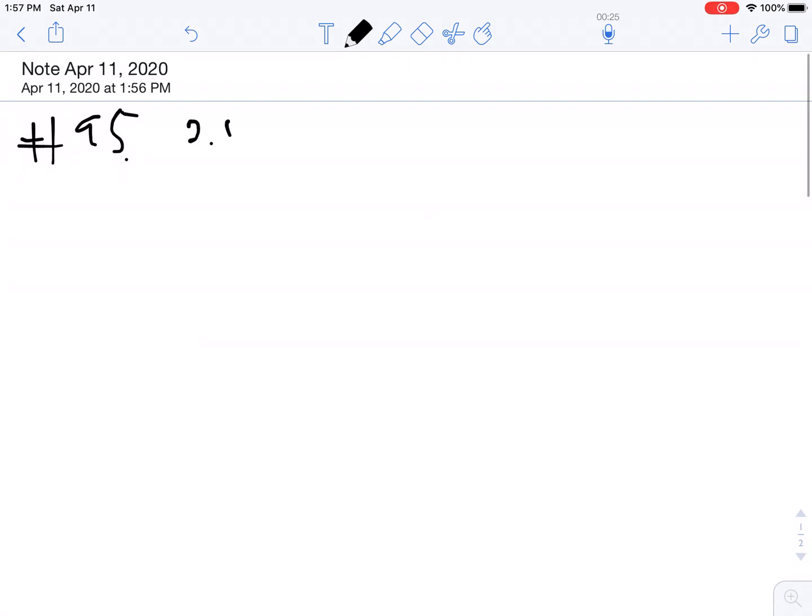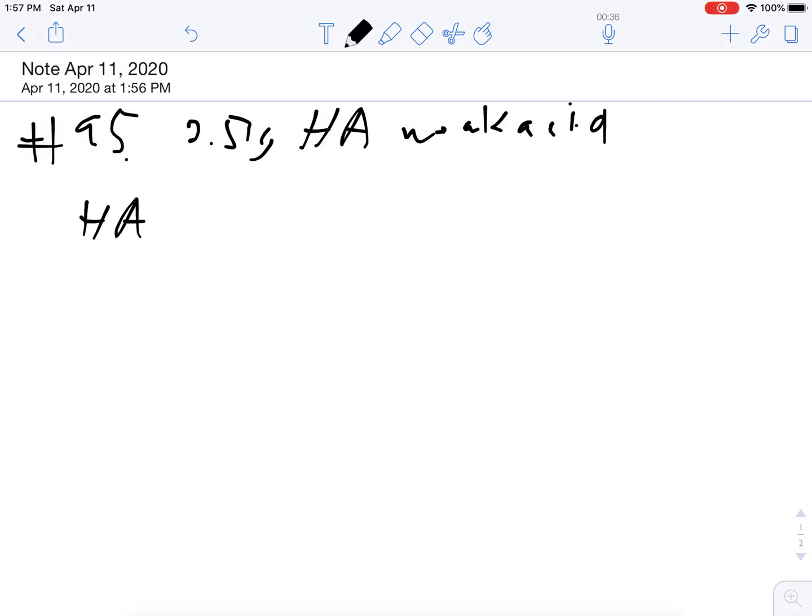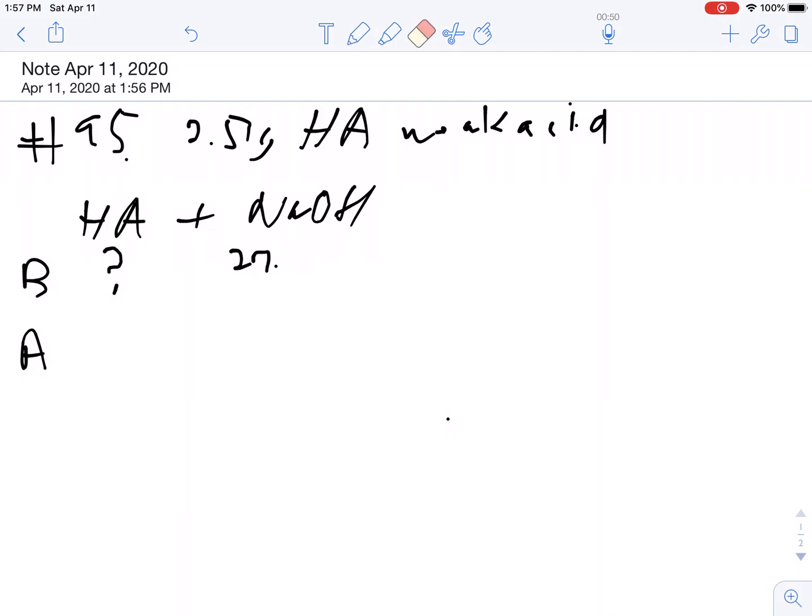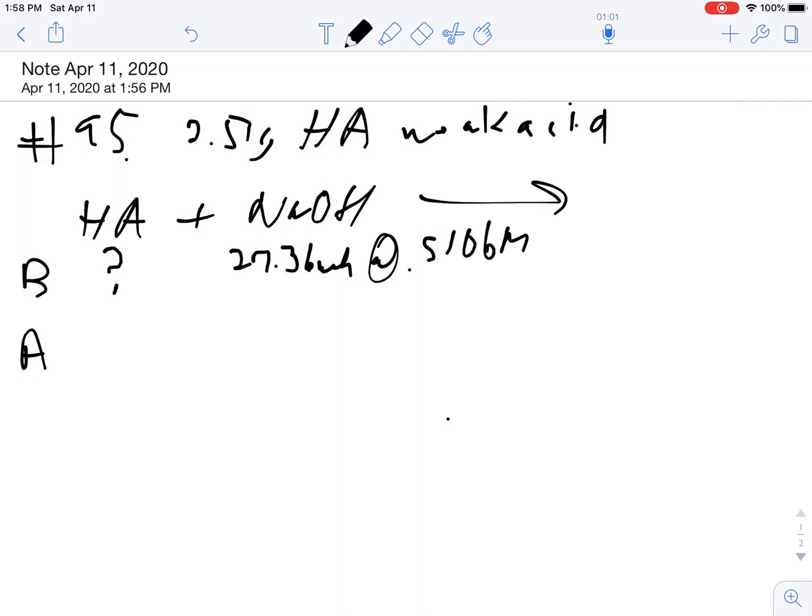So we've got 2.51 grams of our weak acid. With a before and after table, we don't know how many moles of that we have, but we do know that it required 27.36 milliliters of this, at 0.5106 molar, for a complete reaction, which means afterwards there's none of that.